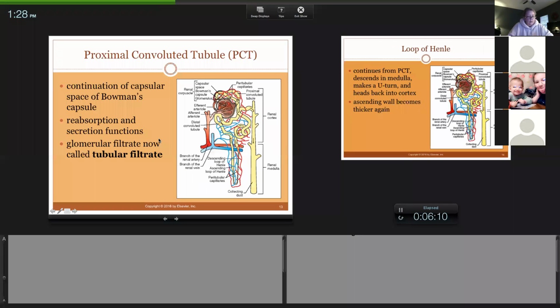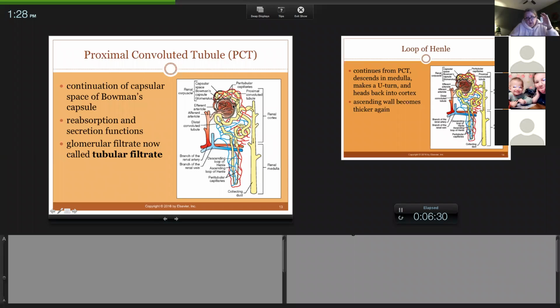Now, after the glomerular filtrate, it's going to move into this first part of the yellow tube, which is the PCT, proximal convoluted tubule. And it's a continuation of the Bowman's capsule. It's connected. I know it looks like it's closed here, but it's connected.